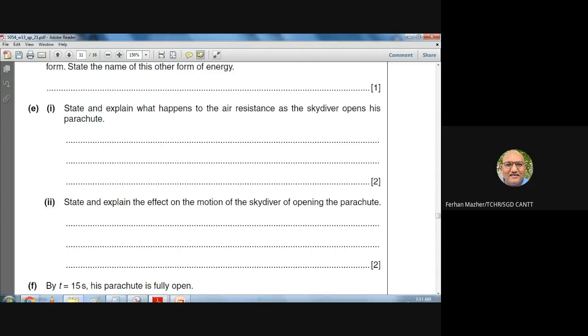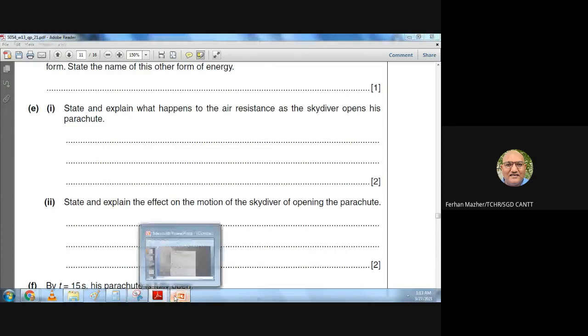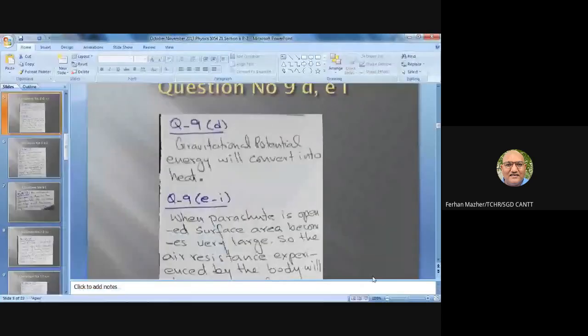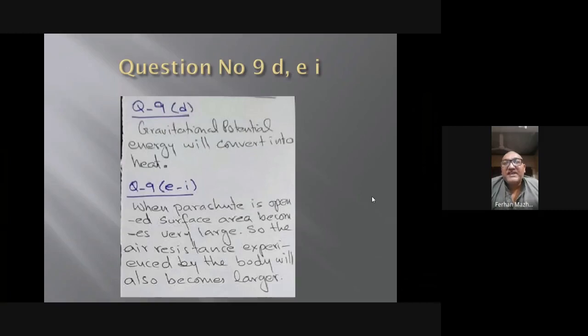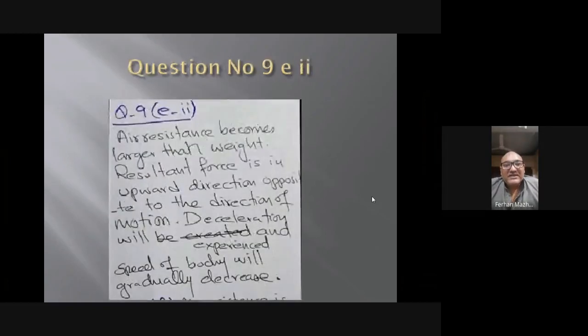Let me check my answer. I have written the answer. For 9E first part, when the parachute is opened, the surface area becomes very large, so the air resistance experienced by the body will also become larger. In 9E second part, air resistance becomes larger than weight.